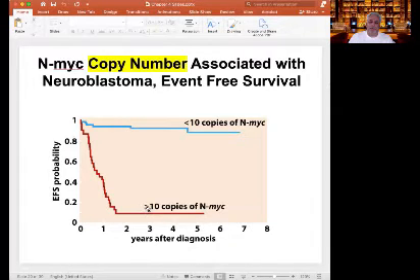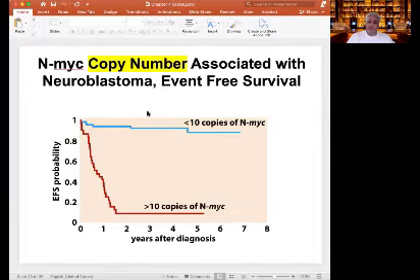So if you have more than 10 copies, your prognosis is pretty poor, and most of the patients have succumbed to their disease by about 18 months, whereas most patients that have less than 10 copies are still alive after 7 years following diagnosis.